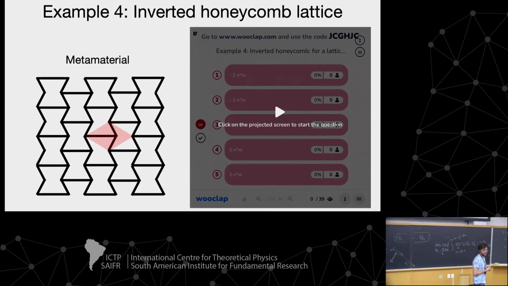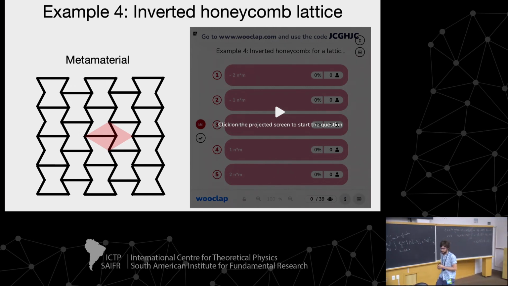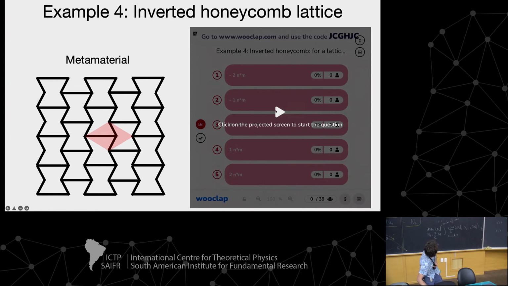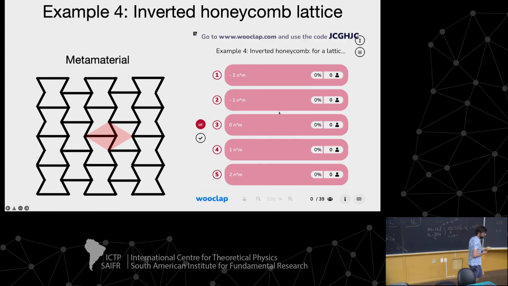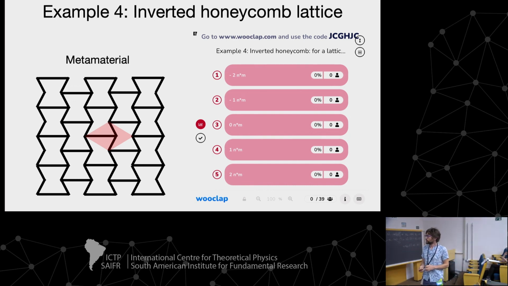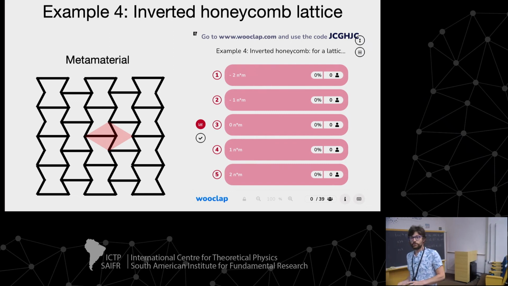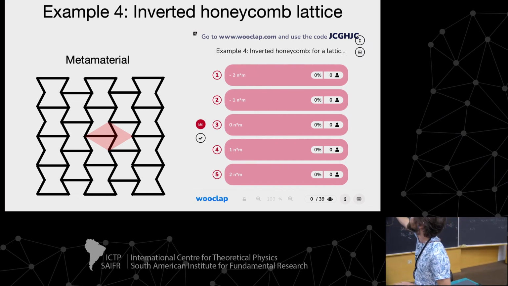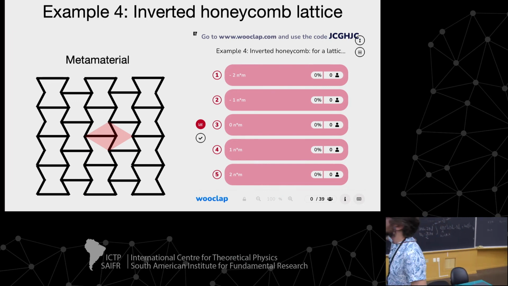Right. So now I had a quiz, but I don't have the time. I'm just going to ask the question, and you can think about it if you want. You can take a honeycomb lattice, and the inverted honeycomb lattice that we had, and you can ask how many degrees of freedom it has as a function of its size. So imagine you have a honeycomb lattice with m columns, n rows.